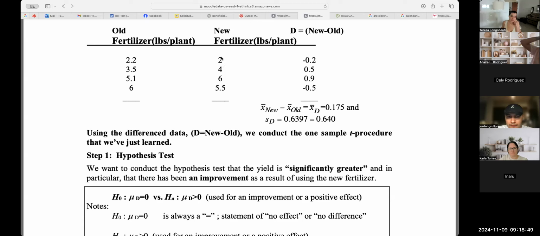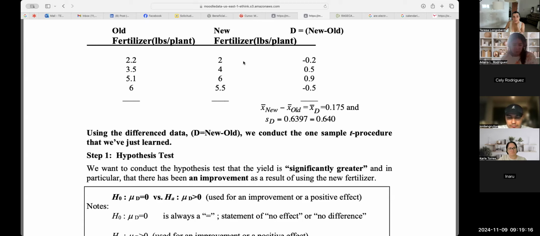So what we have to do there, because I have matched, is this plant yielded 2.2 pounds of tomatoes, grown on the plant over here, but over here, these are matched. So it means that the plot for this plant was similar in every other way, except for the fertilizer, to the plot for this plant.